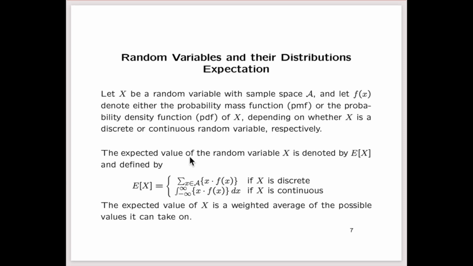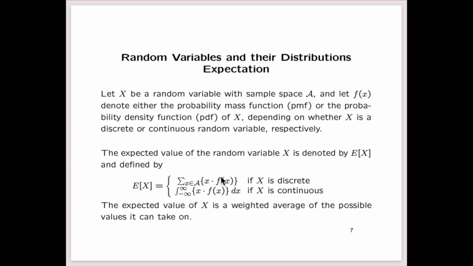So don't let this difference in notation throw you off. Expectation, or the expected value of a random variable, is conceptually the same whether we're talking about a discrete random variable or a continuous random variable.